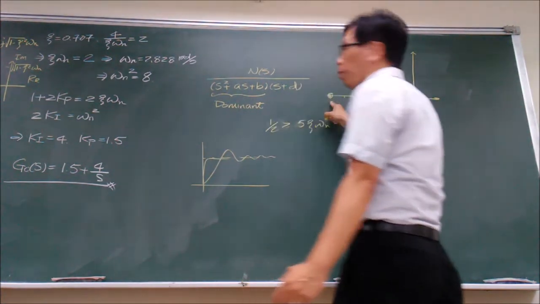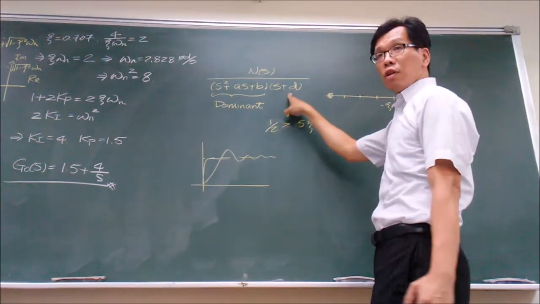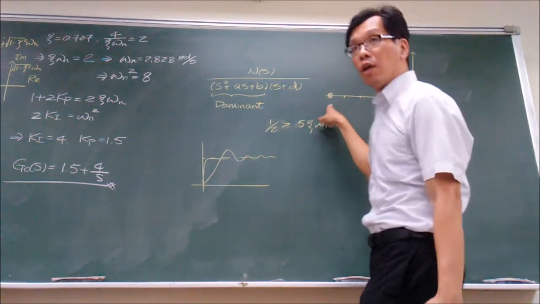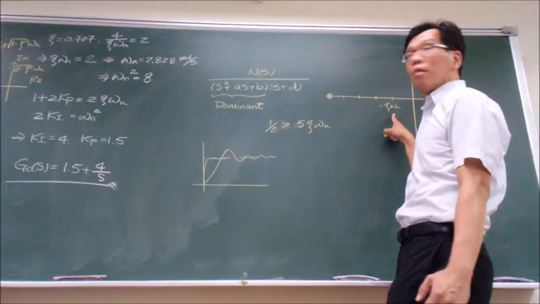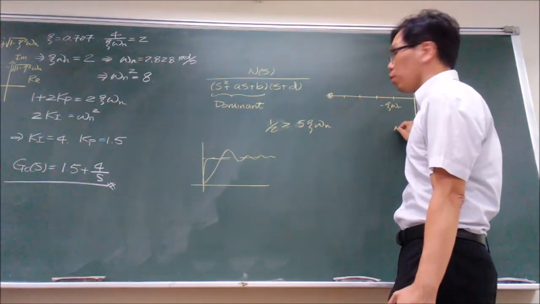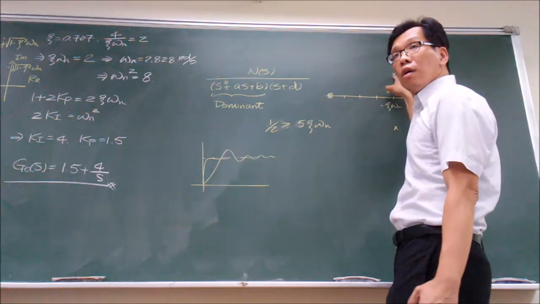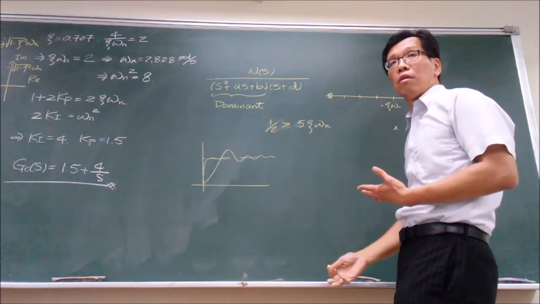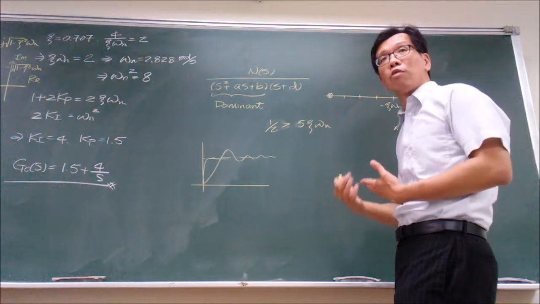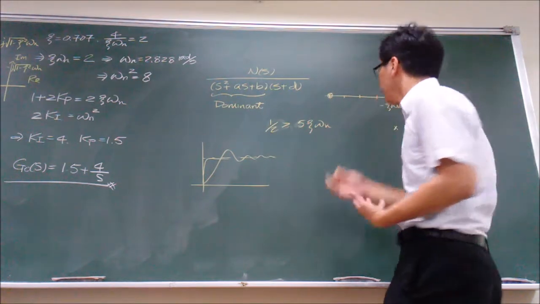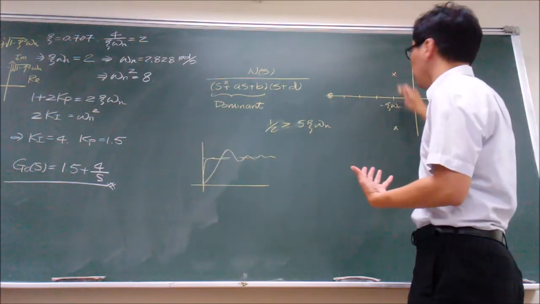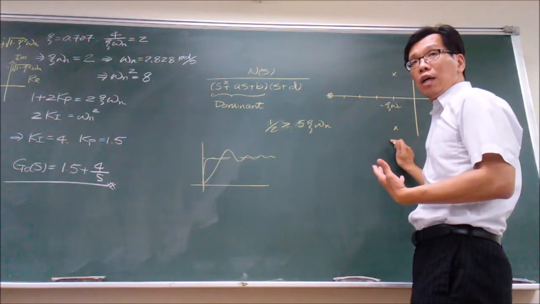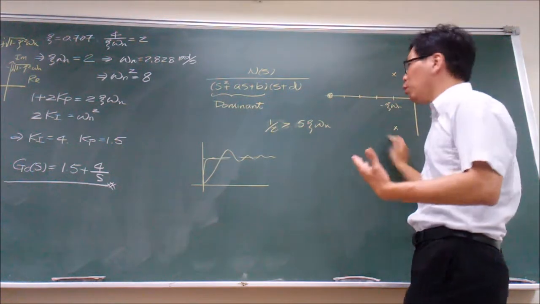If you put your pole of the first order system over here or even further away, then the system is going to be dominated by this pair of poles. That's just numerical analysis, and we learn how to analyze transient response. A first order system is analyzed in this way, and a second order system in this way, depending on which one is dominant.